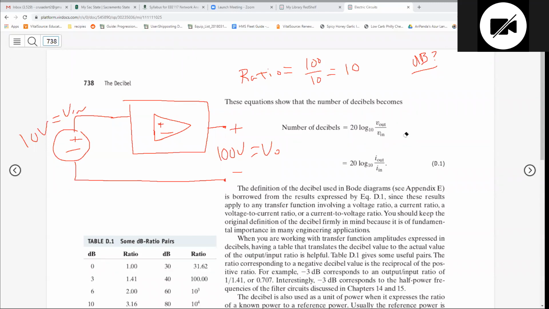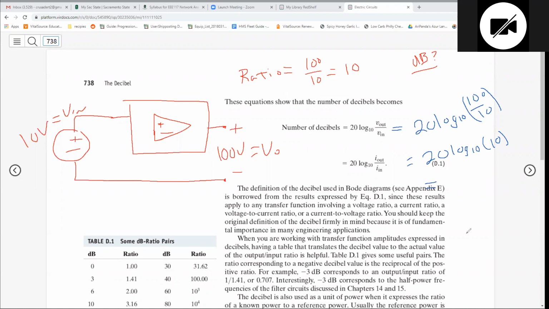We have 20 log 10 of our gain. V out over V in is 100 over 10, so this is 20 log 10 of 10. So what is that going to equal?